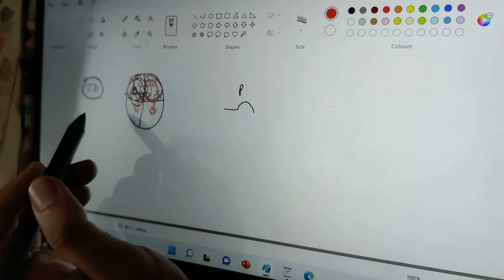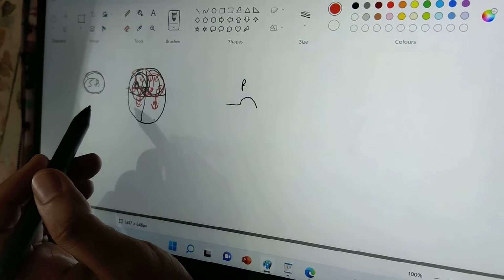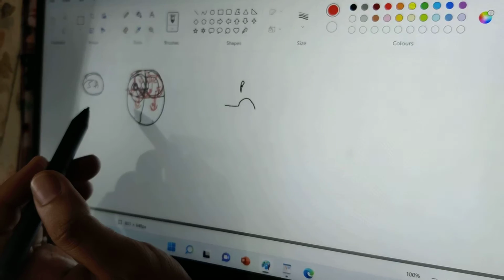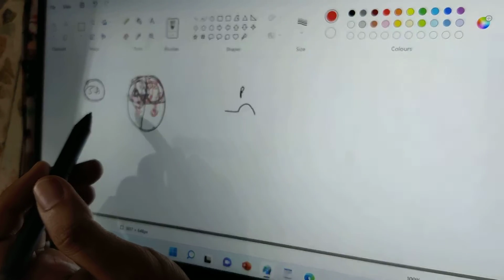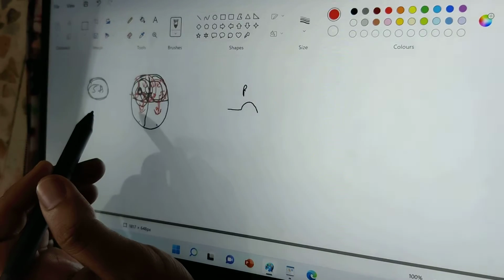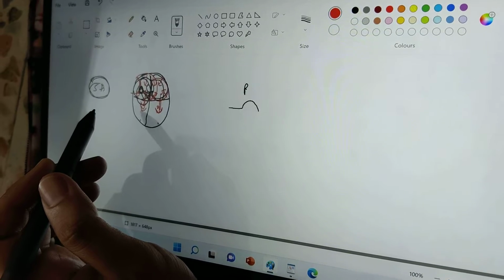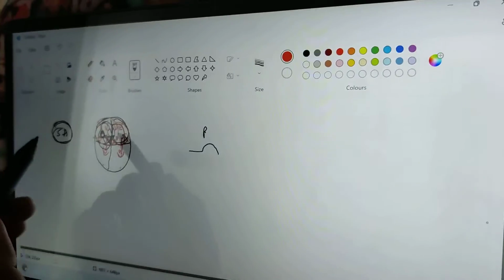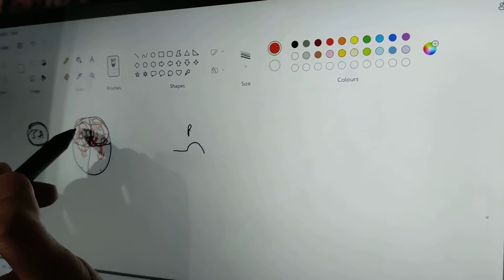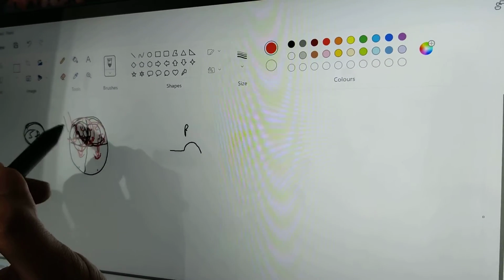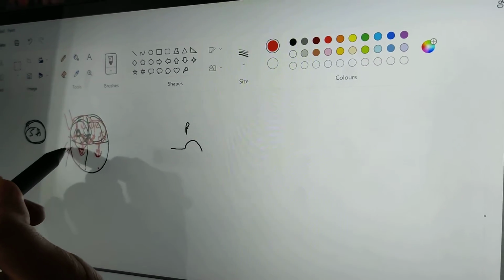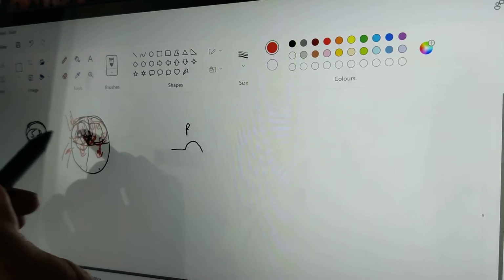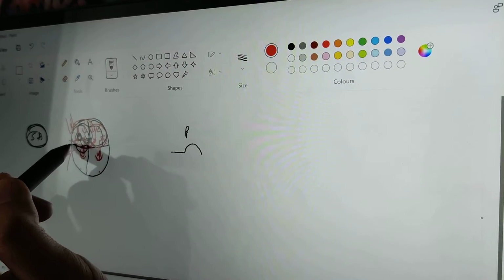There are no valves between the veins and atria, and atrial systole causes a small pressure rise in the great veins. The inferior vena cava and the superior vena cava have no valve between them and the atria.